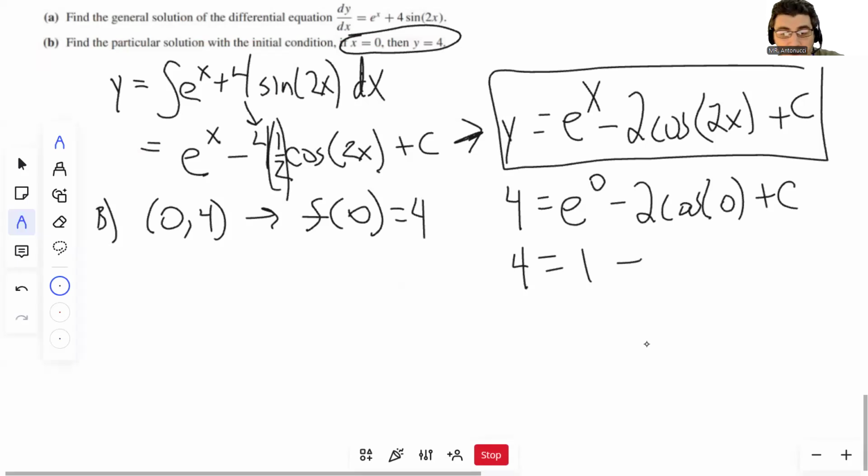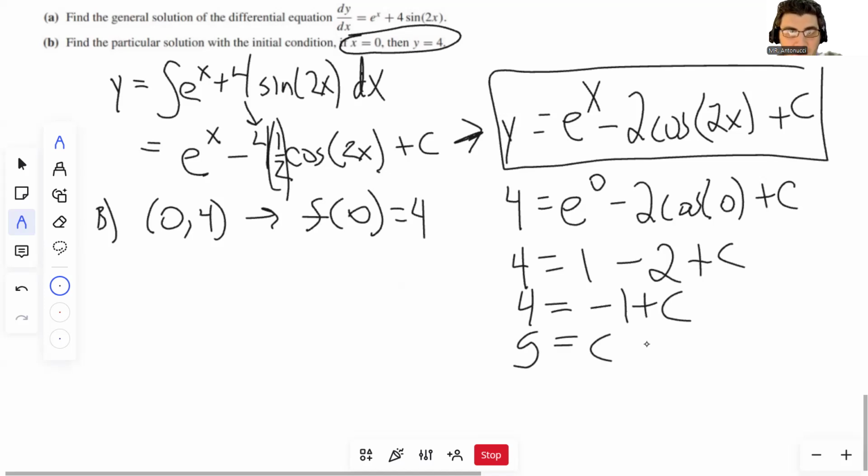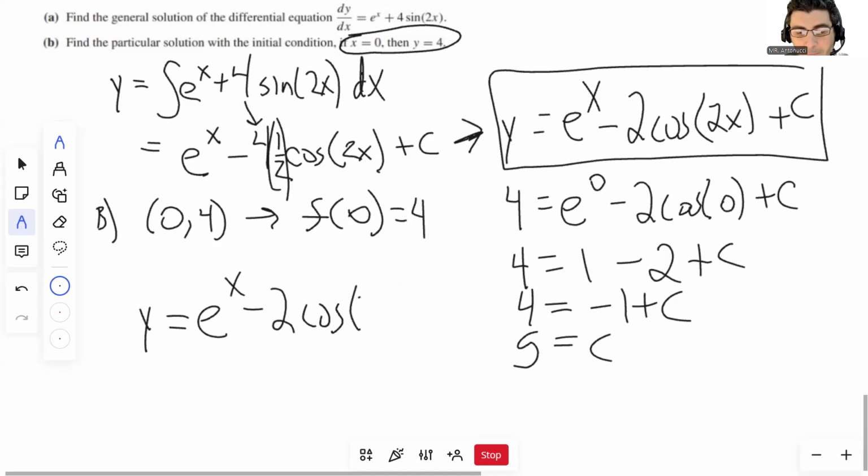Minus cosine of 0 is 1, so 2 times that would be minus 2, plus c. So we have 4 equals negative 1 plus c, so c equals 5. Again, write the particular solution: y equals e to the x minus 2 cosine 2x plus 5.